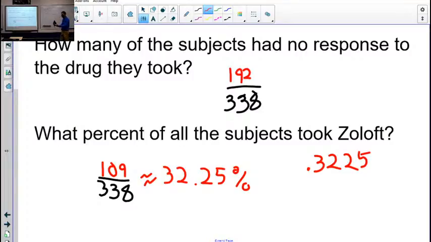And the way that we scale that is by multiplying everything by 100. Or the way that it's usually taught is move the decimal 2 places to the right, because that's what multiplying by 100 is going to do. So 0.3225, scaled up by 100, will turn into 32.25%.